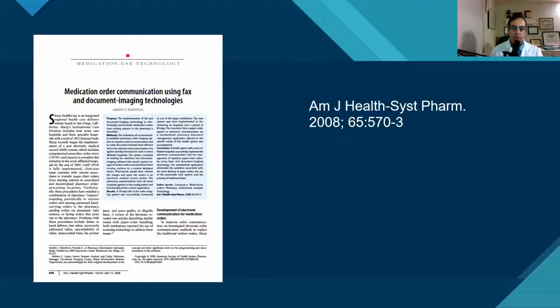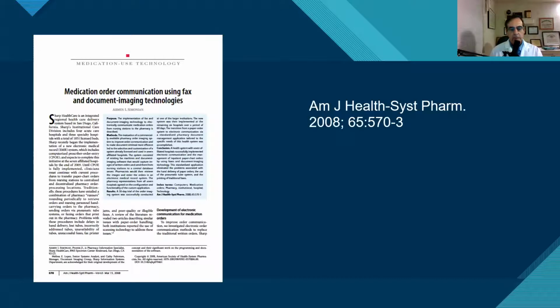So this type of technology is still valid. And even though it might not be used for 90% of the orders that are out there, there might still be that 3 to 5% of orders or documents for your patients that come into the hospital that you need to get digitally into your electronic health record.